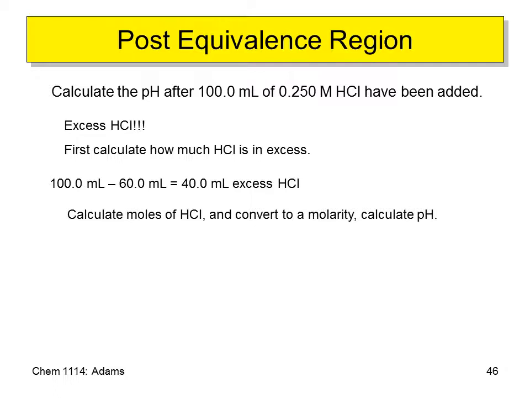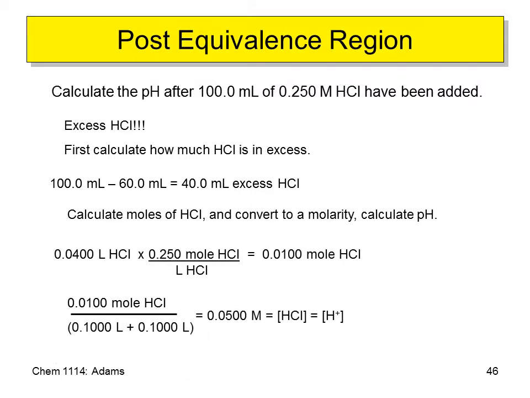I'm going to calculate the moles, convert it to a molarity, and calculate a pH. The volume of excess times the molarity gives me my moles, and the moles divided by the total volume, 0.2 liters now, gives me a new molarity for the acid. This is also equal to the hydrogen ion concentration. I'm going to take a negative log of that and get a pH. And I can put this also on the curve.